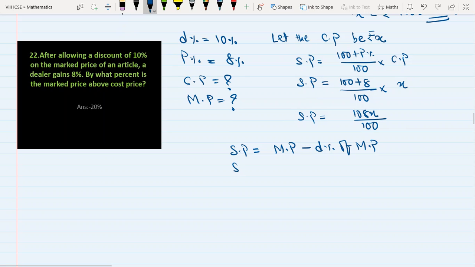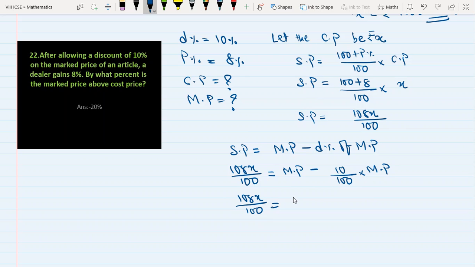So selling price we know, it is 108x upon 100, is equal to mark price, which is unknown, so let's keep it as it is, minus discount percent, which is 10%, 10 upon 100 multiplied by mark price. See, it's simple. Just look how I'm doing.